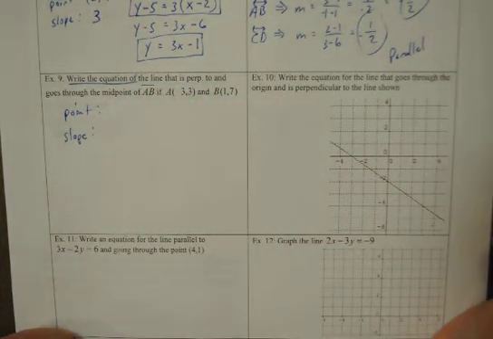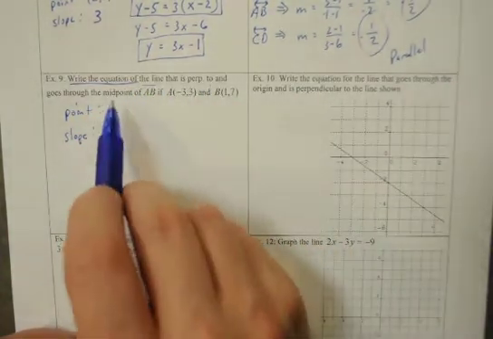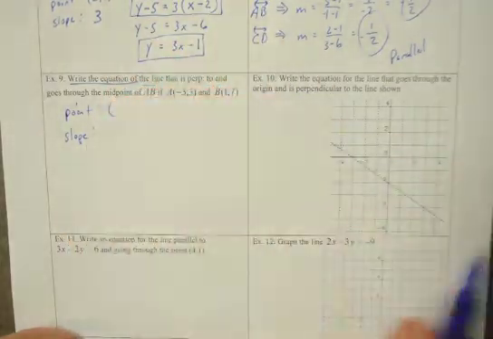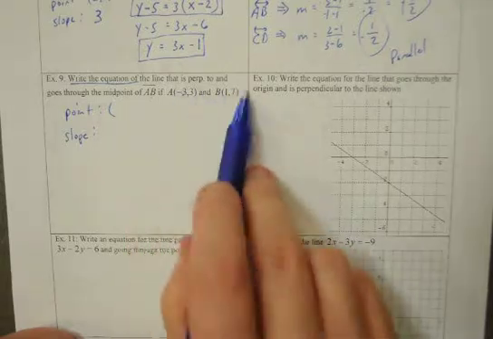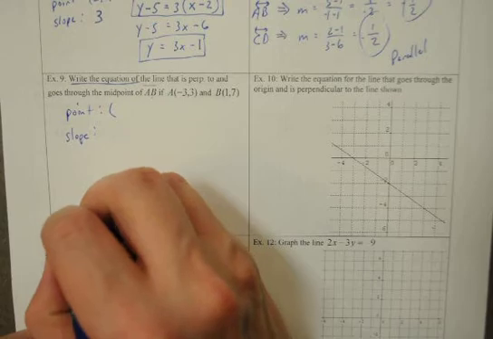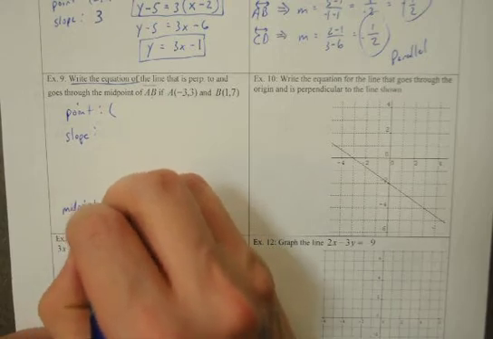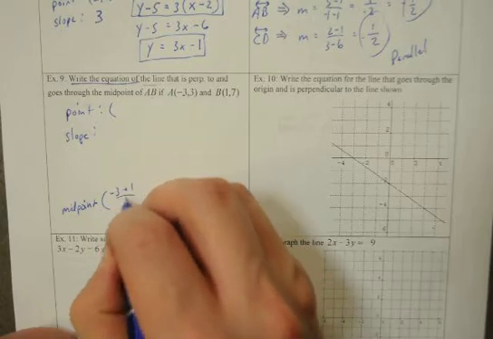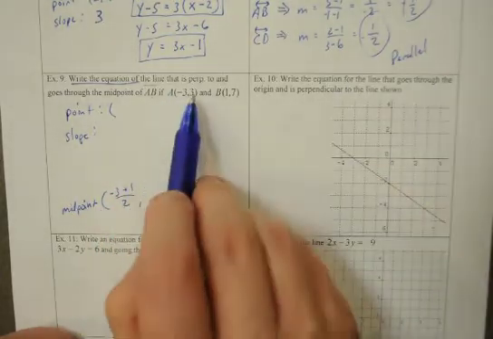What point? It says it has to go through the midpoint of these two. So first we have to figure out the midpoint of these two. So what's in the middle of -3 and 1? I can average them out. -3 plus 1 divided by 2. And what's in the middle of 3 and 7?